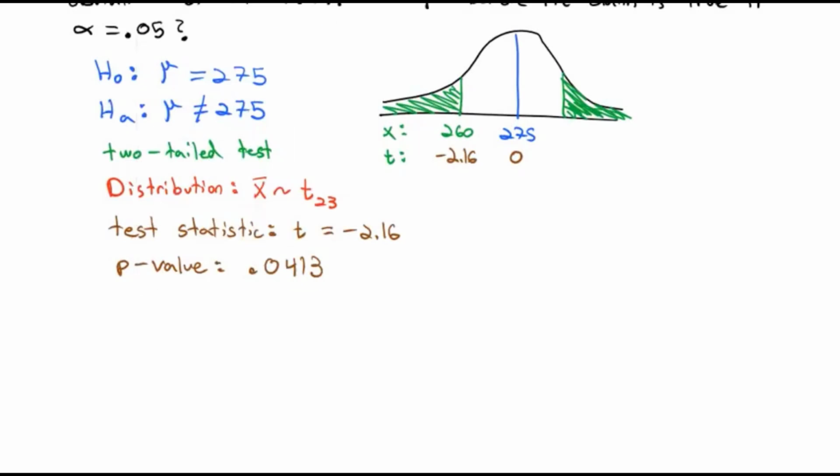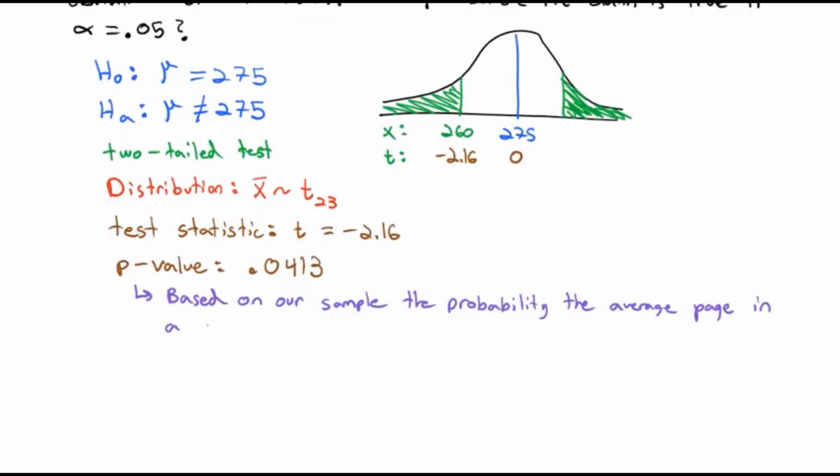And what that p-value means then, that's the probability the null hypothesis is true. So based on our sample, the probability the average page in a novel having 275 words, that probability is 4.13%.